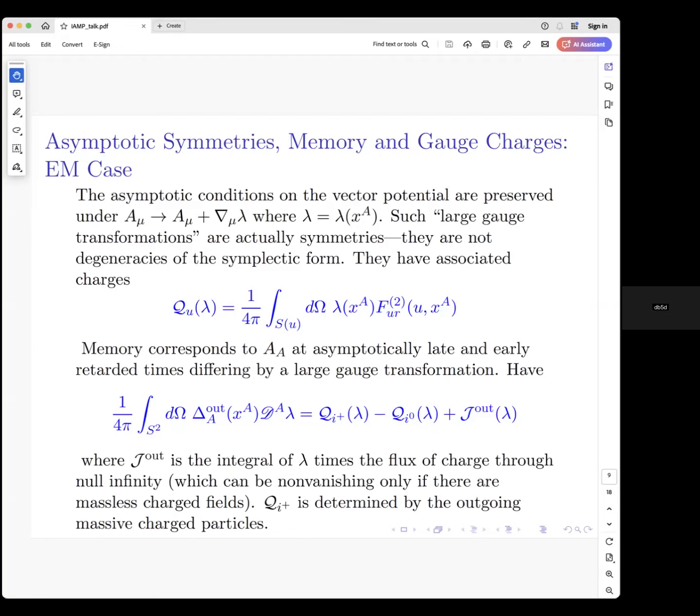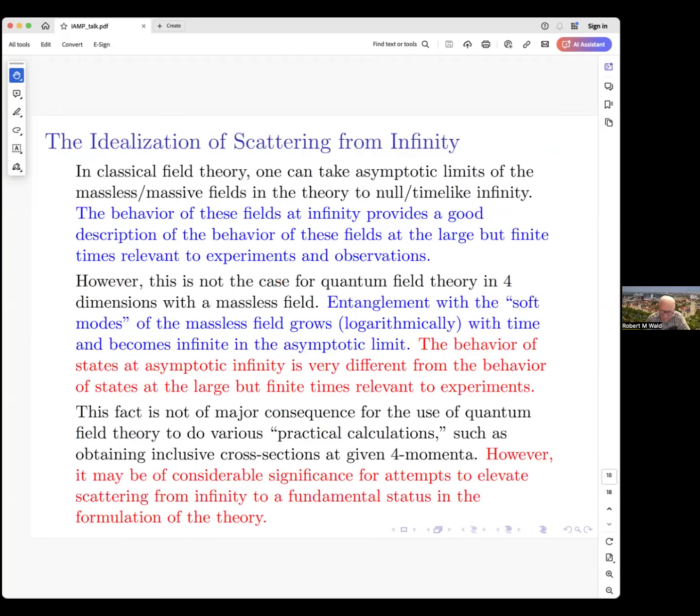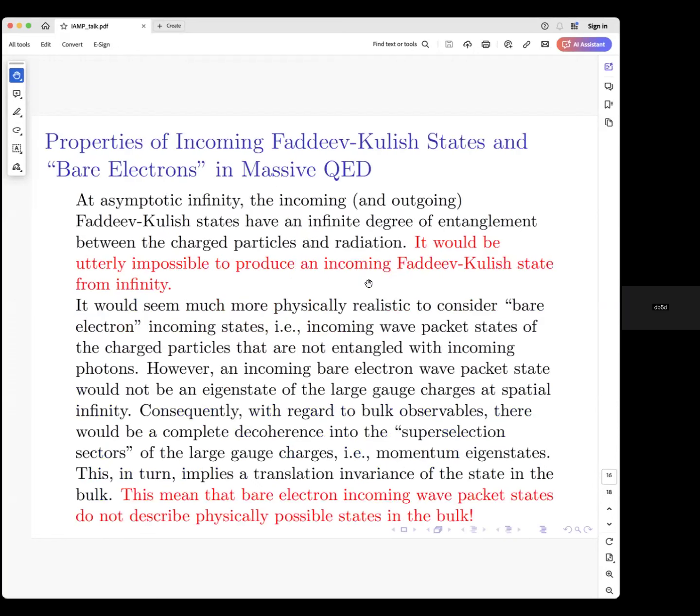What I was talking about here was an ordinary massive electron. I misunderstood, because I thought we were in the context of massless particles. No, but I returned to massive QED in the previous slide.